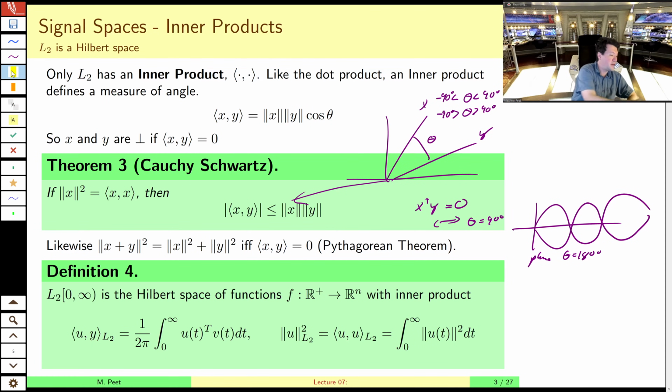And that concept is that of an inner product, a generalization of this transpose that we have for vectors, so that x transpose y is zero if those are perpendicular. We're going to generalize that transpose idea here to this bracket notation, which makes more sense for functions because we don't really have the idea of a transpose of a function.